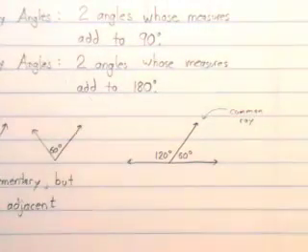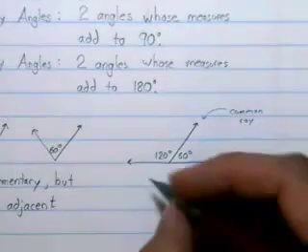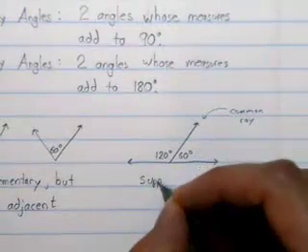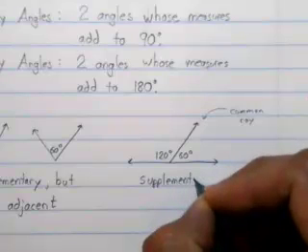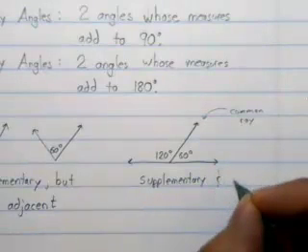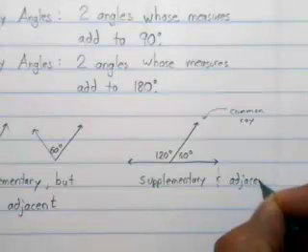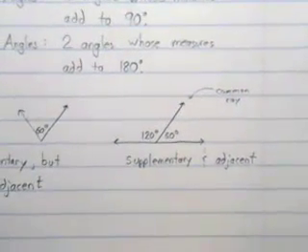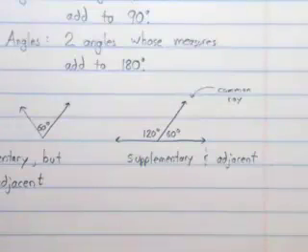So these two are also supplementary and adjacent. If they are both supplementary and adjacent, we have a special name for them. What are they called? We talked about it yesterday. Say that louder. Linear pair. This is a linear pair if it is both supplementary and adjacent.